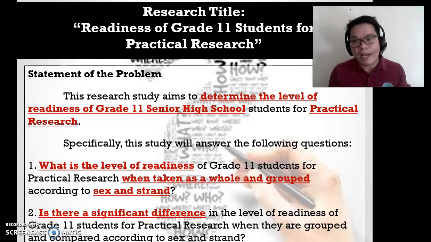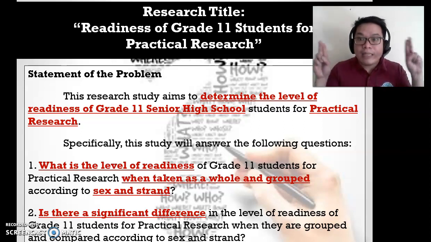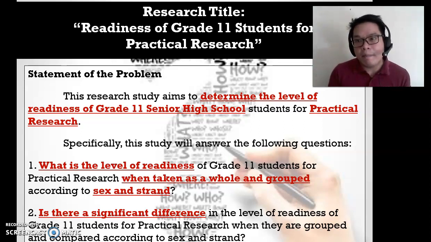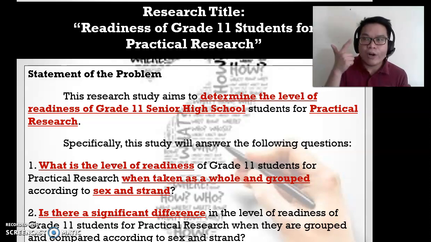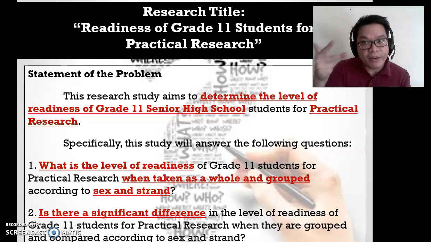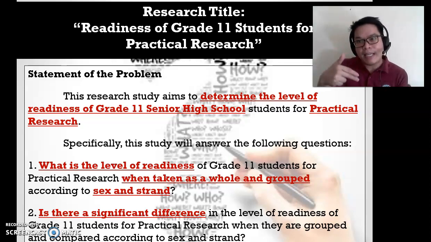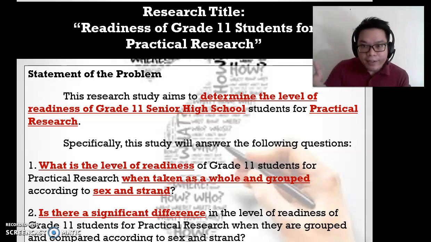So the level of readiness will be quantifiable because it can be measured by highly ready, slightly ready, or not ready. The survey can project those Likert scale options: highly ready, slightly ready, or not ready. So it's in quantifiable terms.